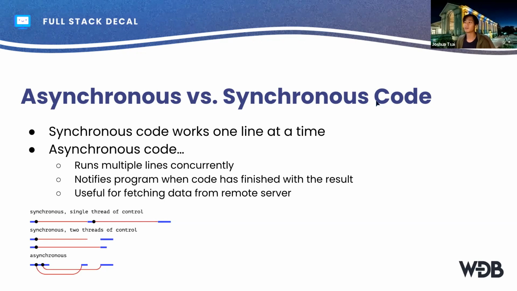This is useful for fetching data from a remote server, because you don't really know how long it's going to take to fetch data from a service that is not your own. From a remote server, it might take a couple hundred milliseconds, or if there's something wrong, it might even take a lot longer than that. And you don't want that kind of runtime to slow down your own code.